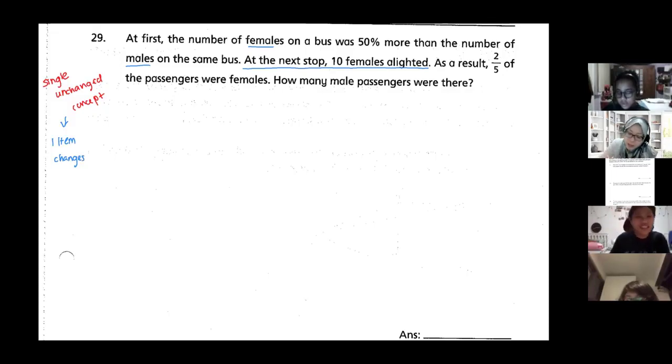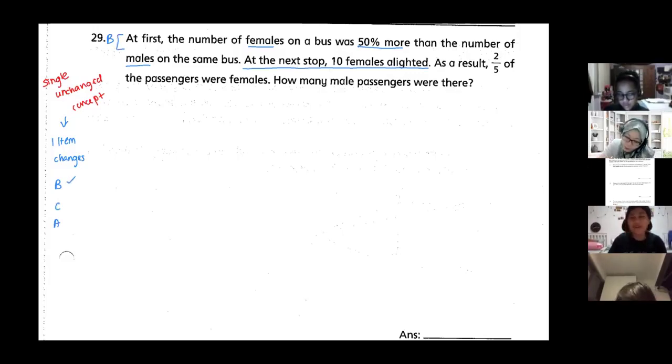Right, now we'll go through the question. At first, the number of females on the bus was 50% more than the number of males. So you know that this is our before information. When you want to do single unchanged concept, there are the B, C, A to find out. This sentence is my before.